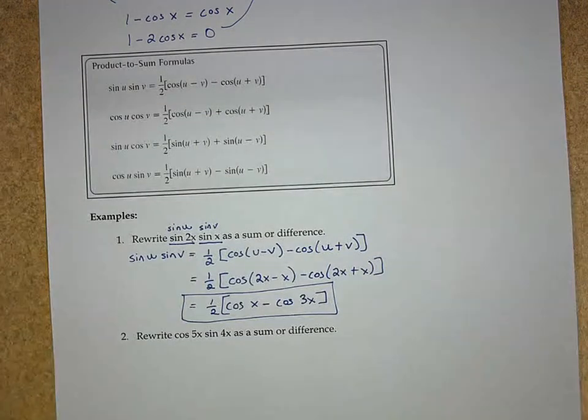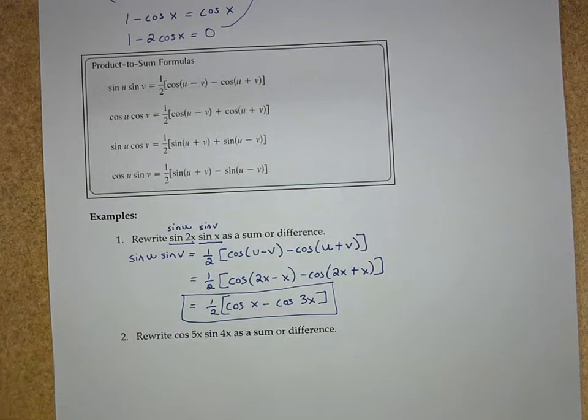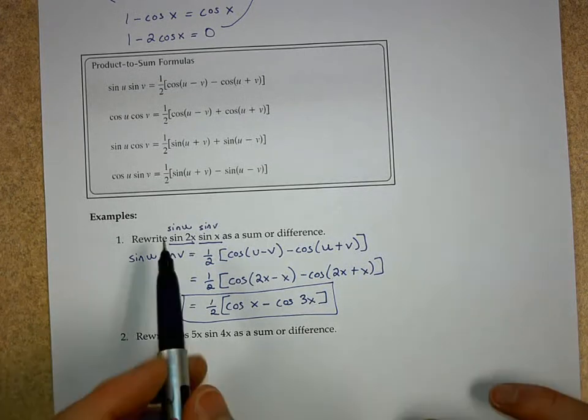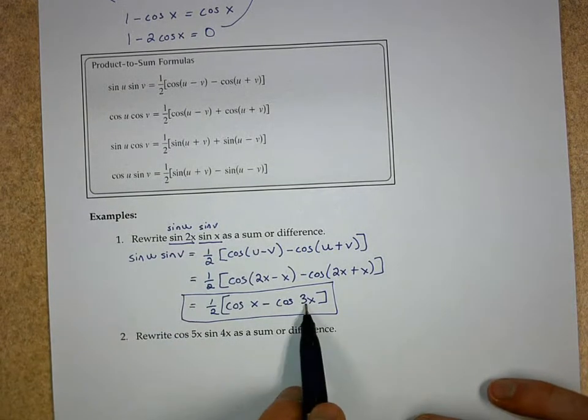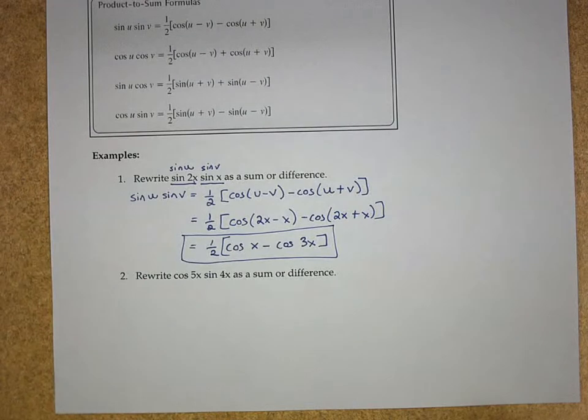So once again, this is just straight product to sum plugging into an equation. I'm not solving anything. I am just rewriting from something that originally was two terms being multiplied together as two terms either being added or subtracted from one another.